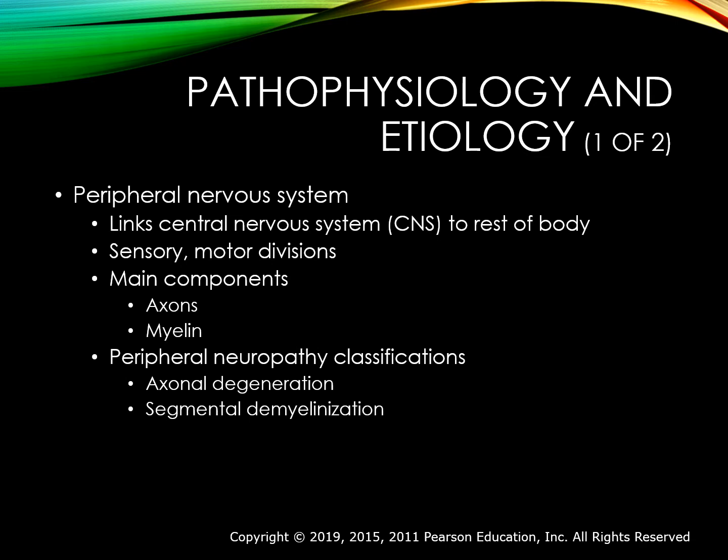The patho and the etiology. The peripheral nervous system links the central nervous system with the rest of the body. The peripheral nervous system is responsible for receiving and transmitting information from and about the external environment. It consists of nerves, ganglia, which are groups of nerve cells, and sensory receptors located outside or peripheral to the brain and spinal cord.